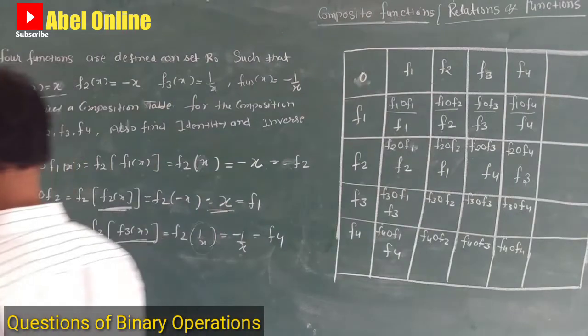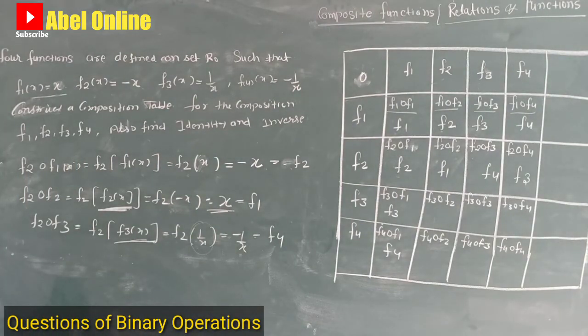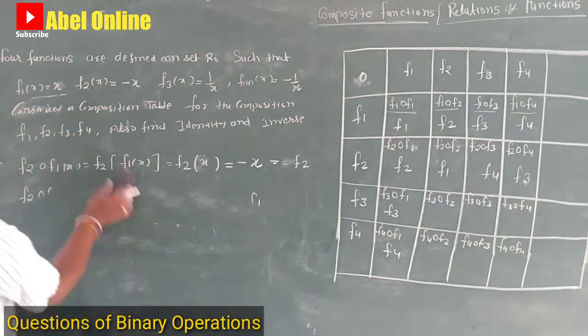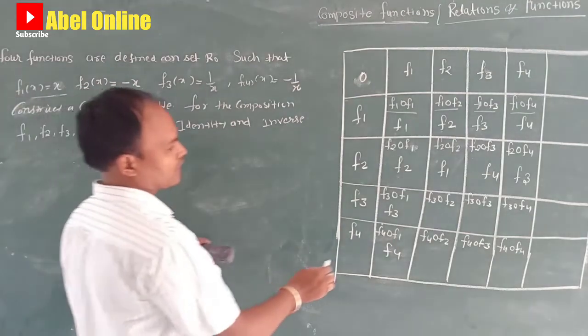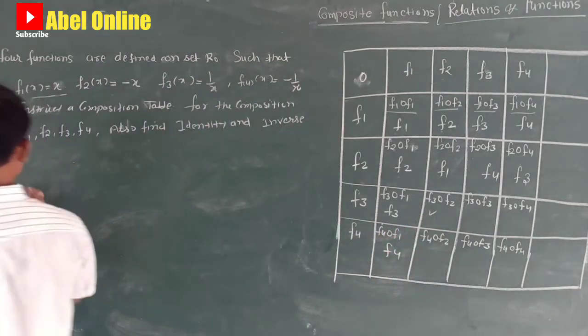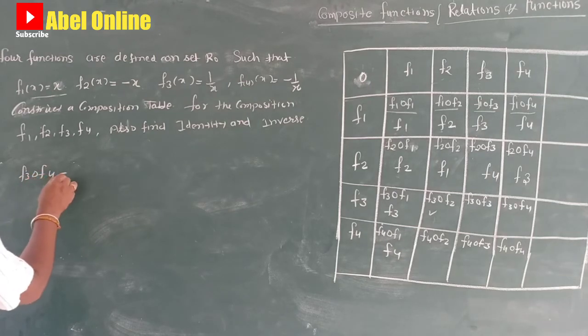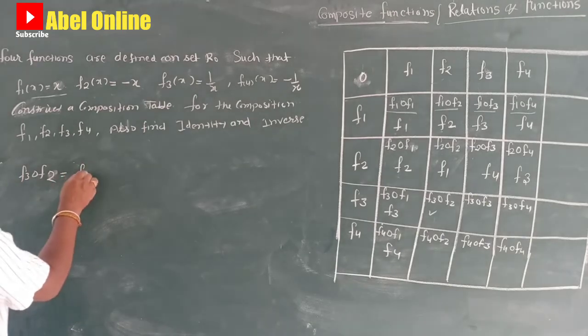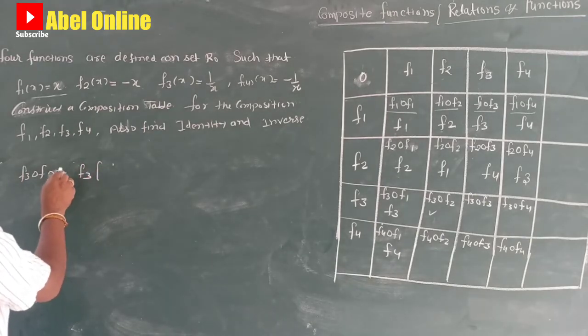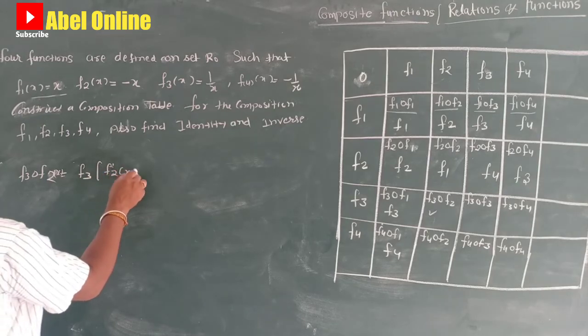Okay, so next one is f3. Now f3 o f2, which means f3 in bracket f2(x).